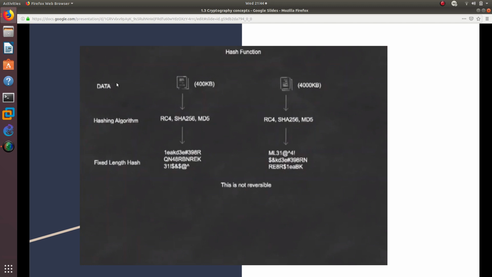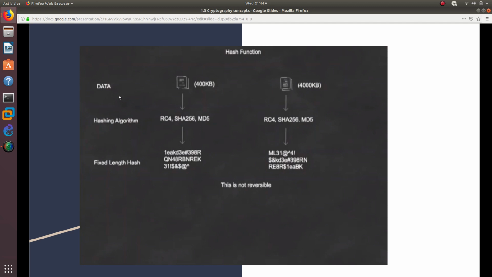So over here you have your data, which is 400 kilobytes, and then you have right here 4,000 kilobytes. What you're going to do is run a hash algorithm, either RC4, SHA-256, or MD5, and it's going to give you this fixed length hash right here.